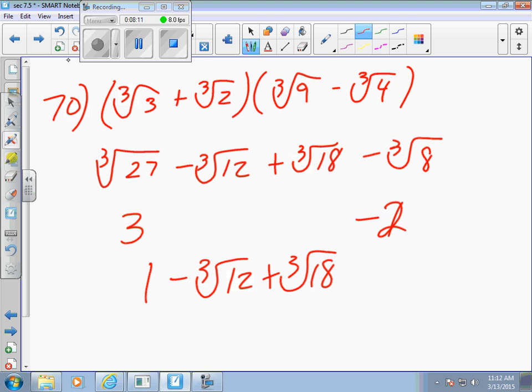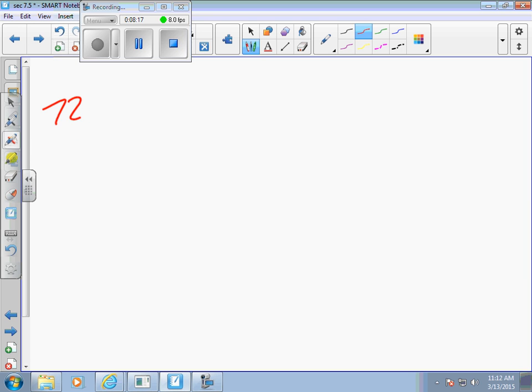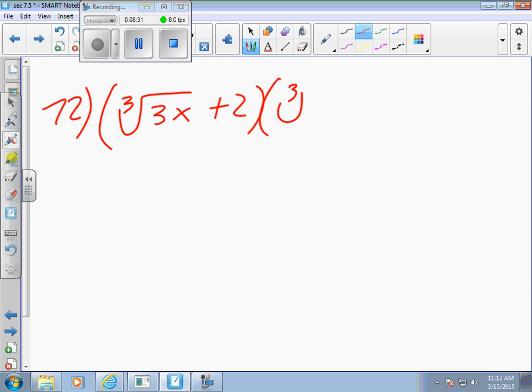Let's take a look at number 72. It says cube root of 3x plus 2 times the quantity of the cube root of 9x squared minus 2 cube roots of 3x plus 4.